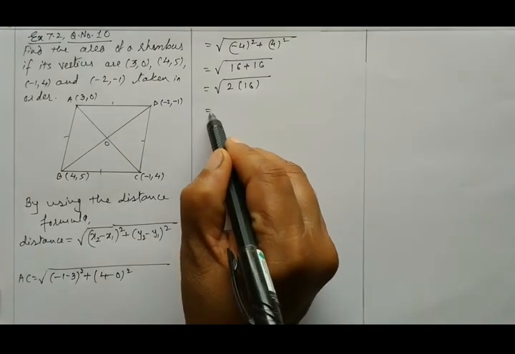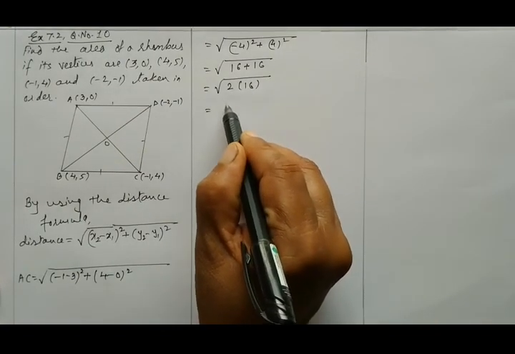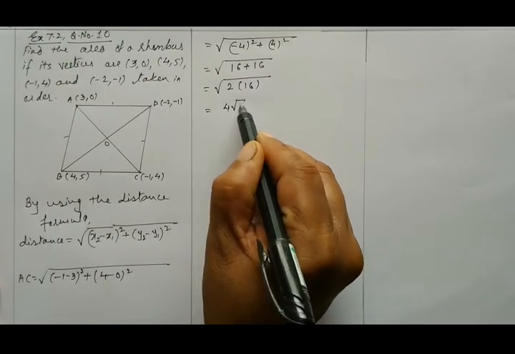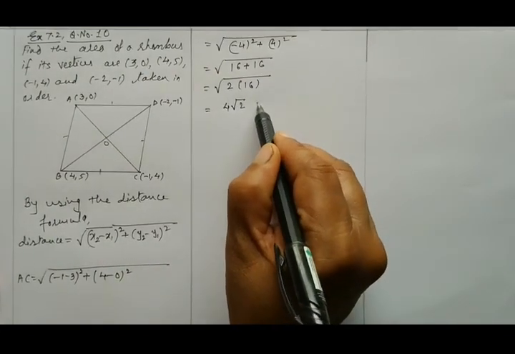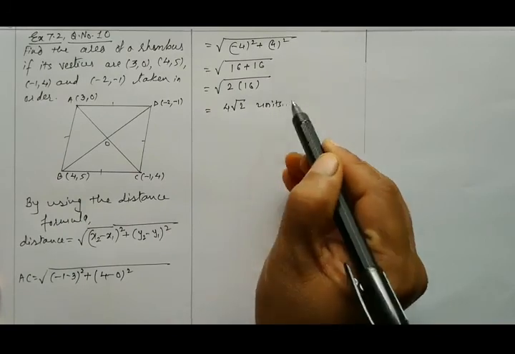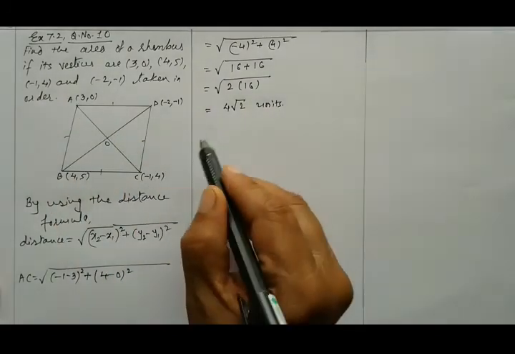What is the square root of 16? It is 4. So 4 root 2 units. This is the distance.